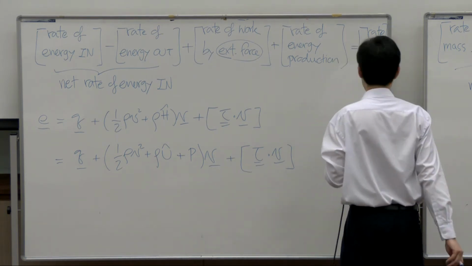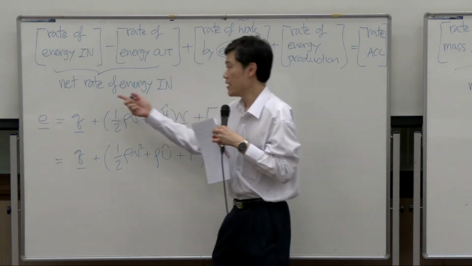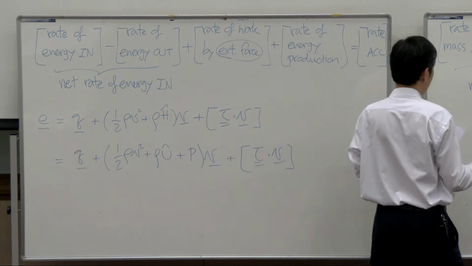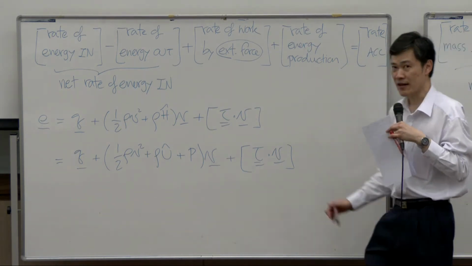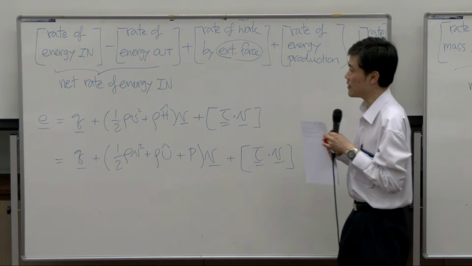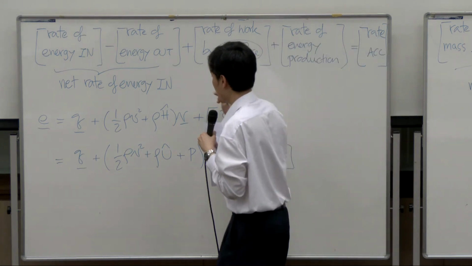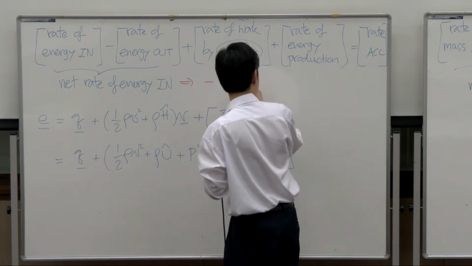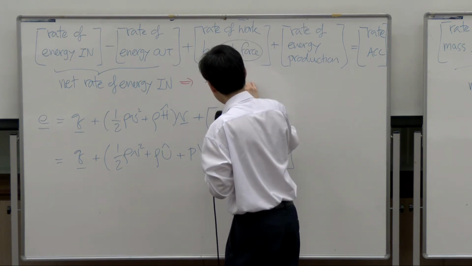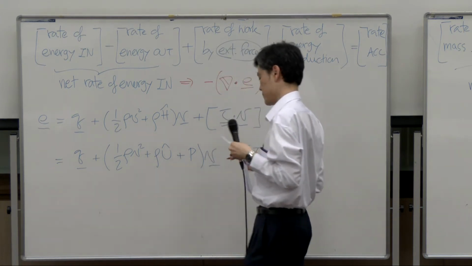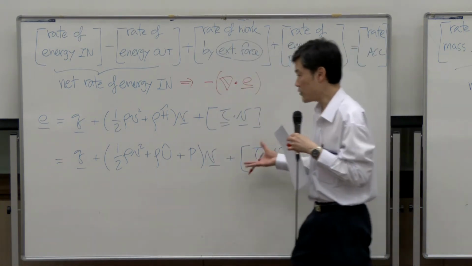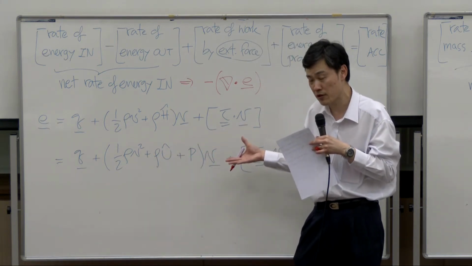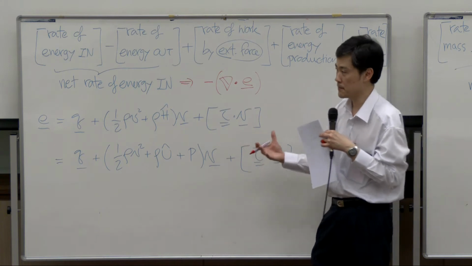Now, if we said that the net rate of whatever going in is represented by minus del dot something, that means the net rate of energy going in is supposed to be represented by minus del dot the flux. Right? All these fluxes represent how energy will be transported into the system. Okay?